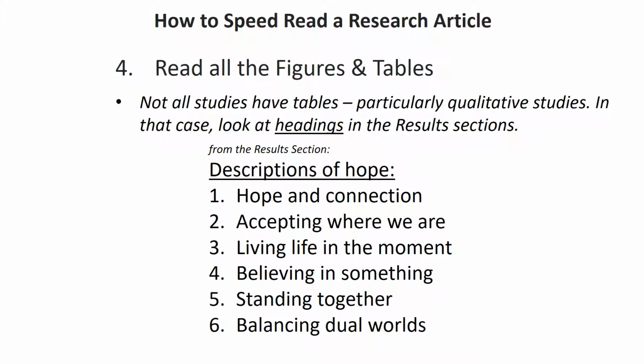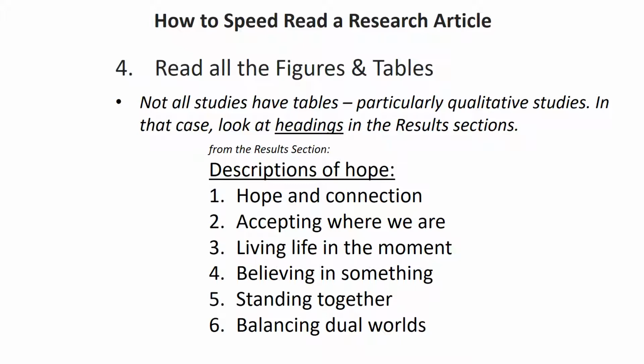Now, I'm going to be a little critical of this article. I really think that the authors could have done the readers a really wonderful service by making this into a table. Each column would be one of these descriptions of hope, and then across the rows, say next to hope and connection, they could have had how they defined that, what that actually means, or some summary idea of what they captured.